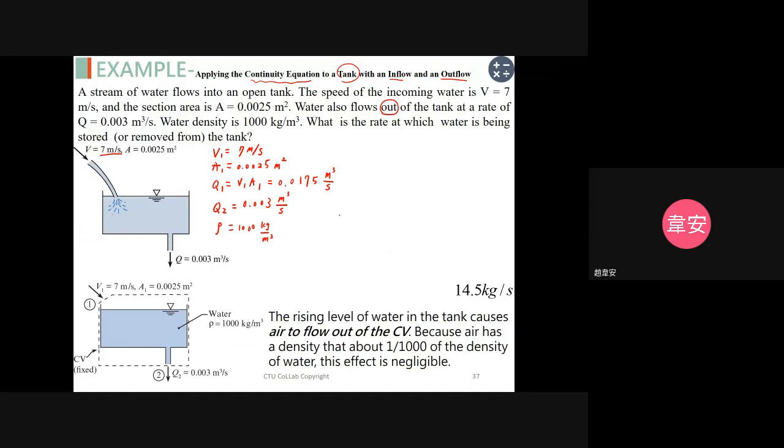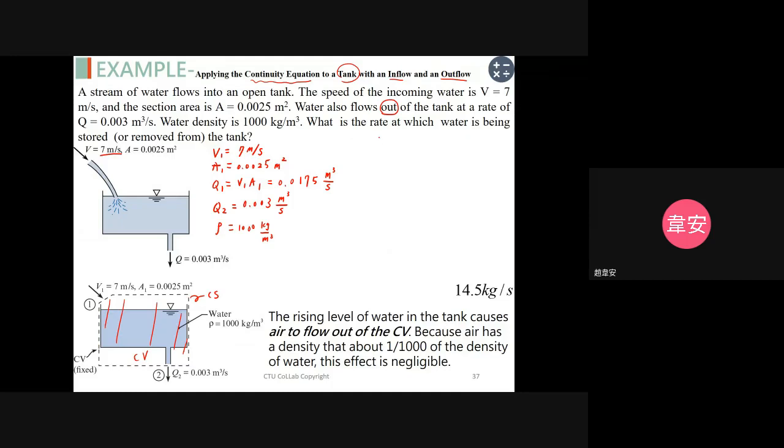So for these questions, we define the control surface. This is our control surface, and inside the control surface is our control volume. Okay, but for all systems, the mass doesn't disappear. So that's why we apply the continuity equation for these problems.